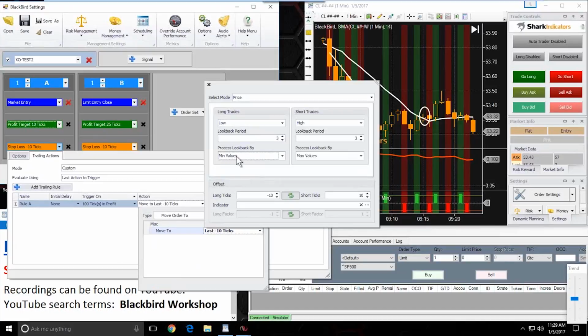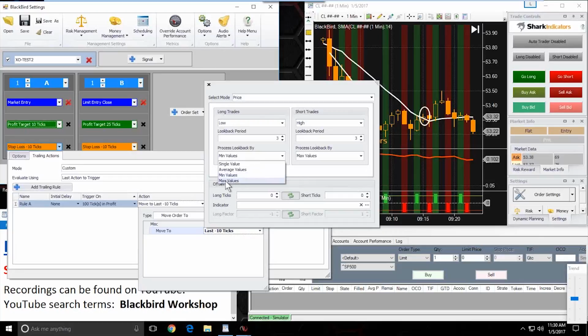So the minimum value would be the lowest low of the last 3 bars, right? And then you could do that and then, I don't know, minus a tick. Or you could just set it at the lowest low of the last 3 bars, right? So no tick offset, just the lowest low of the last 3 bars there, right?